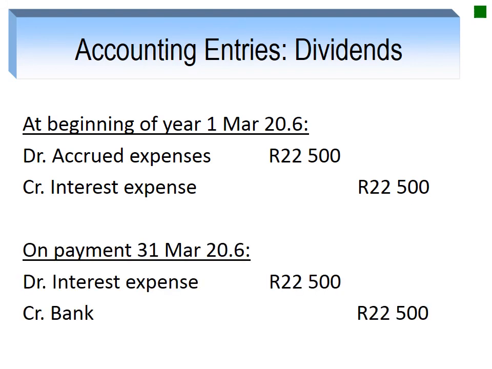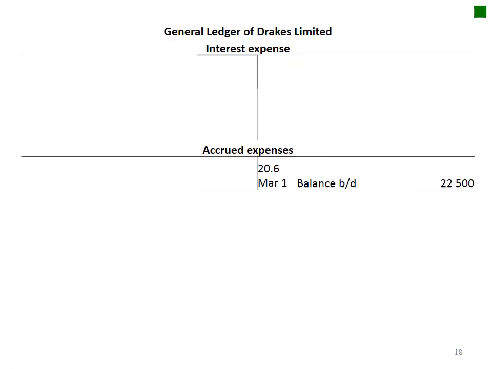And then when the payment is made, we take the amount out of the interest expense account and we credit bank. So it ends up here that the interest expense account will have no balance on it, because in the next year we don't actually have an interest expense, we just have the payment that is made of the interest expense, which is the dividend to the preference shareholders.